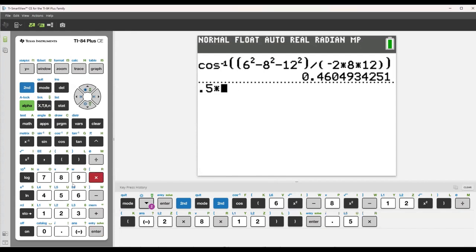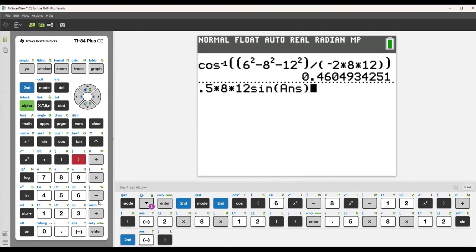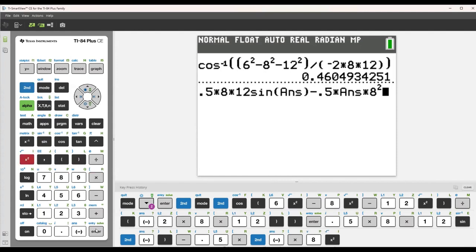I have 0.5 times 8 times 12 times sine of the answer that I have, and minus 0.5 times the angle times 8 squared. Then my answer will be 6.5949406.